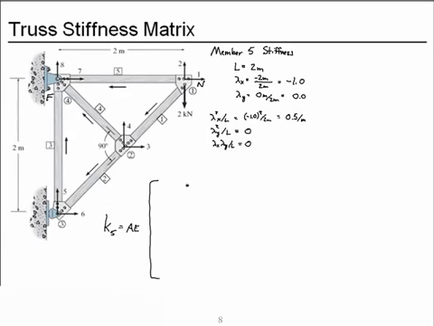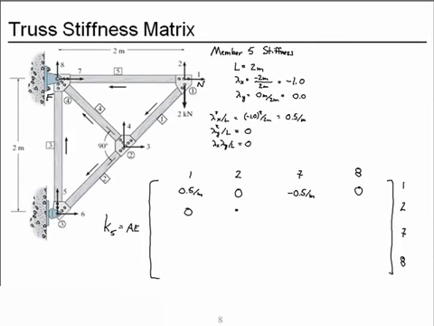times, and our degree of freedom sequence is near node X, near node Y, far node X, far node Y. Same sequence for the rows. Lambda x squared, a positive 0.5 per meter. Lambda x lambda y, minus lambda x squared. Of course, all of these are divided by L. Minus lambda x lambda y.